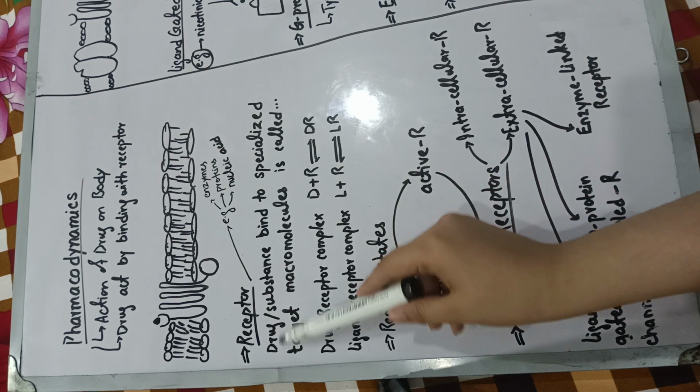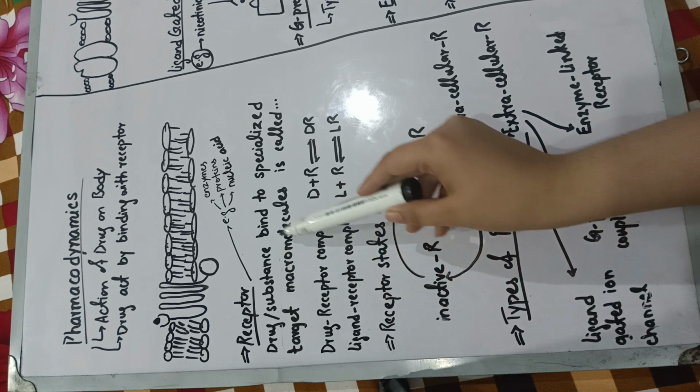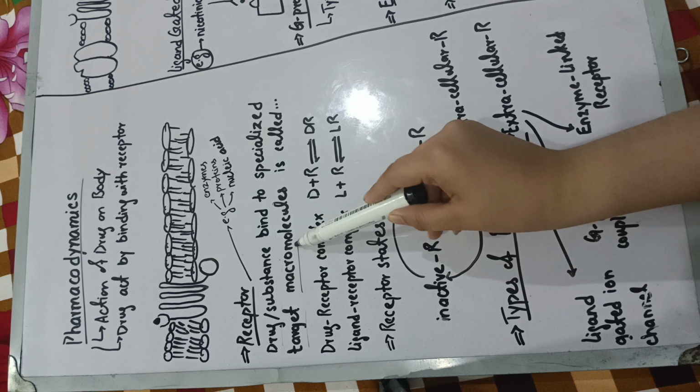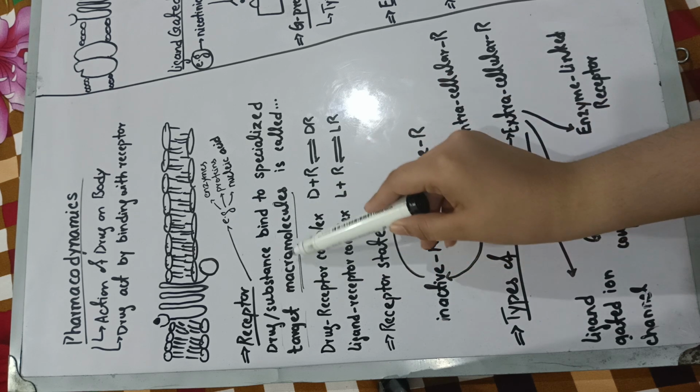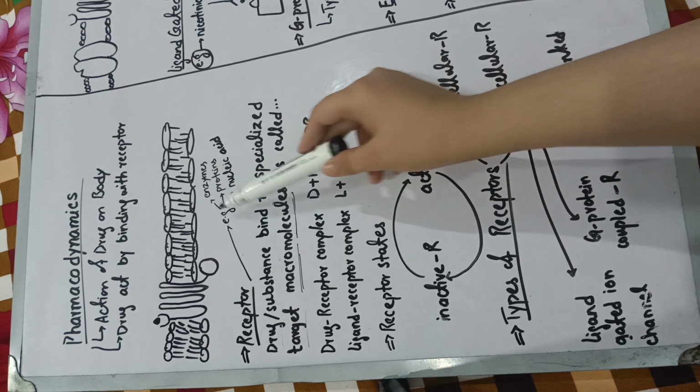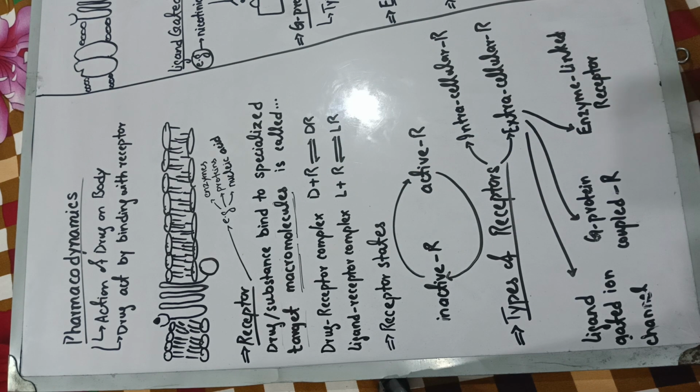A receptor is a specialized target macromolecule to which a drug or a substance present in the body binds. Macro means big molecule, which is called a receptor. So what are the examples of receptors? Receptors can be available inside your body or come from the outside, like the drug which you eat, which is the exogenous ligand.